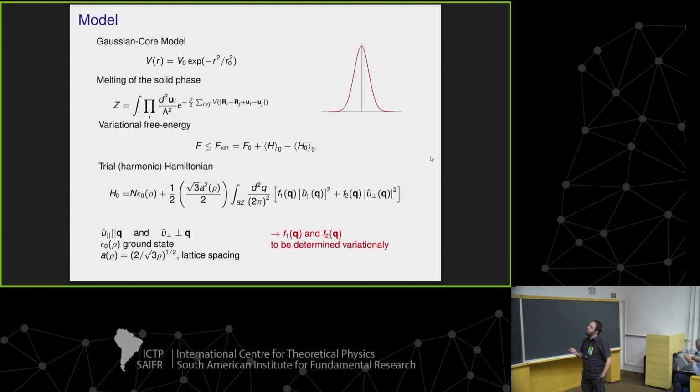And we start off with a variational free energy with the Bogoliubov inequality with the trial Hamiltonian that's harmonic in the longitudinal and transverse deformation fields. So what we do is to determine the functions f1 and f2 variationally.